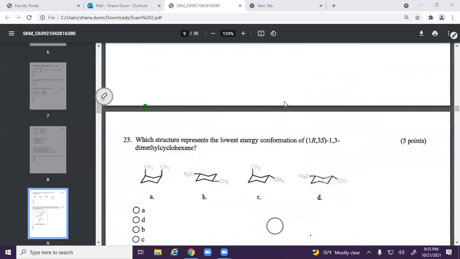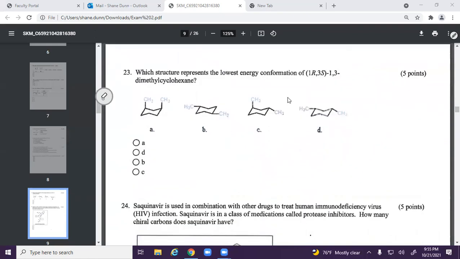Okay. Which has the lowest energy? They're all chairs, right? So by definition, where should the heavy group be, axial or equatorial?